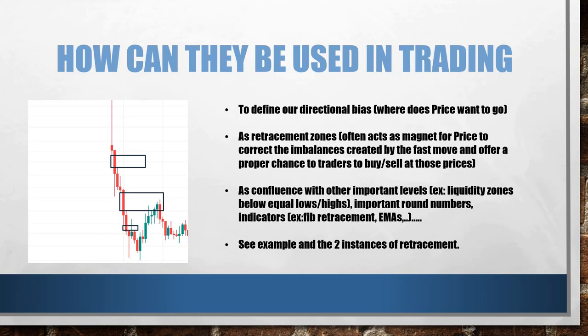With the information given by the fair value gaps, it tells me where price is going on the monthly and on the weekly, and then on the daily as well.